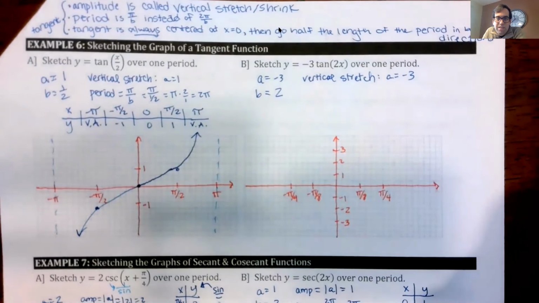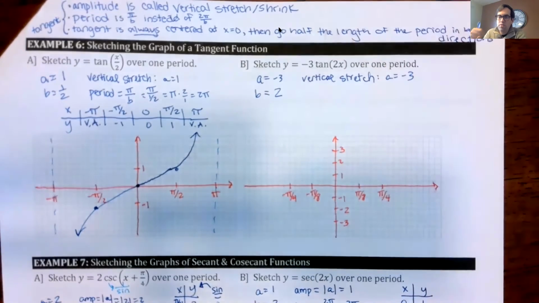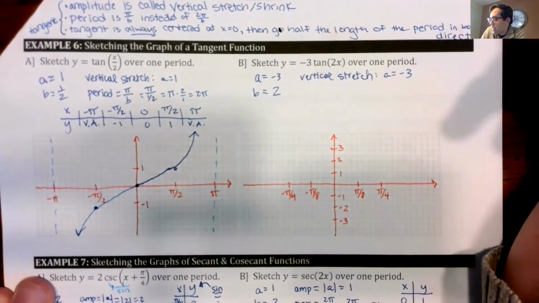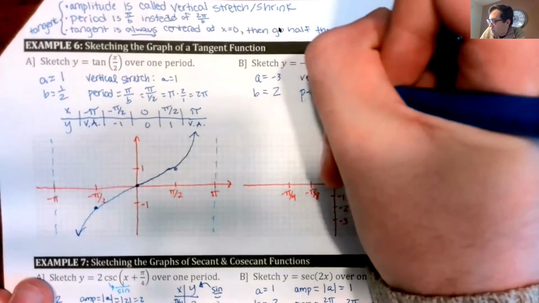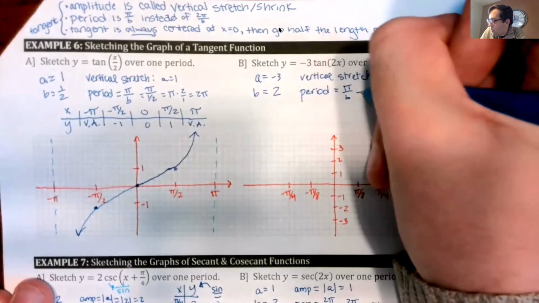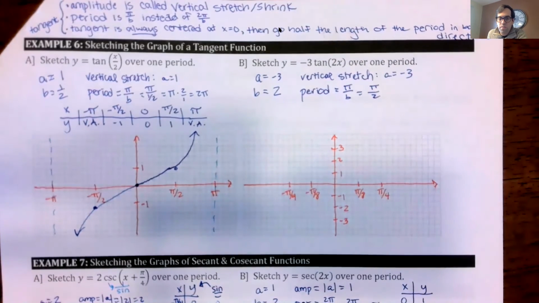The amplitude is the absolute value of A for vertical stretch. We don't really need to take the absolute value. And we know that a -3 is going to flip us upside down and stretch by a factor of 3. And we'll be able to see that on the graph in a second. The period is going to be pi over B, which this time is pi over 2, because B was 2.